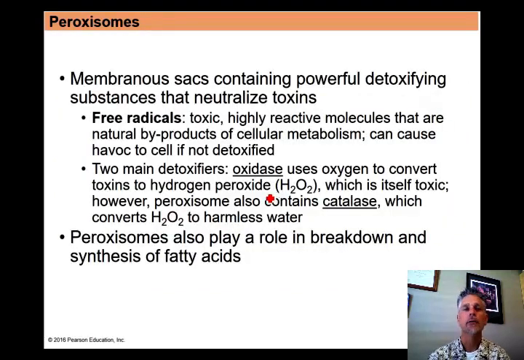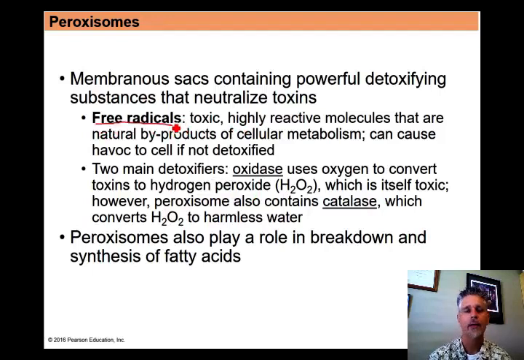Okay, other types of membrane-bound organelles, we have peroxisomes. Peroxisomes are kind of like the immune system of the cell. So they will help to get rid of particularly toxic substances that can be inside of the cell. A lot of which are what are called free radicals.